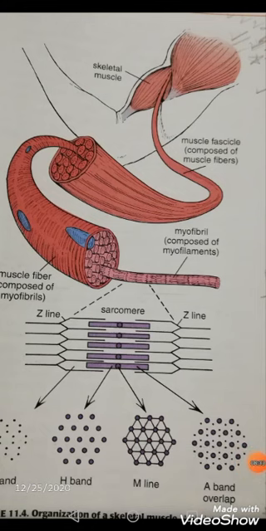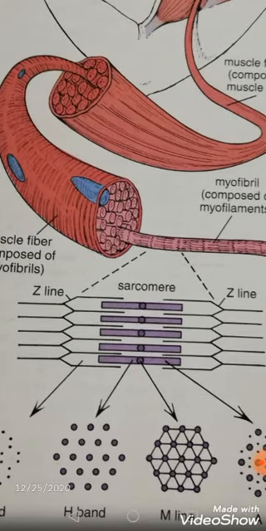Now we are looking into the longitudinal cut section, and here we are going to discuss the various cross striations, how they appear. You are looking at a picture showing a sarcomere, in which you can see the Z line on both sides.